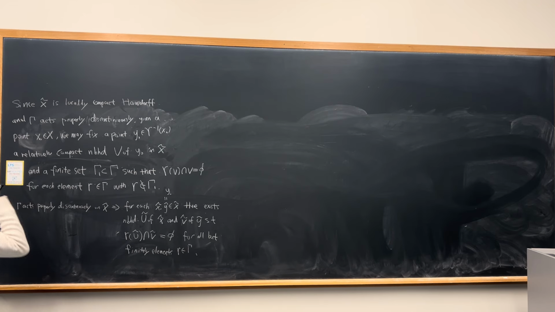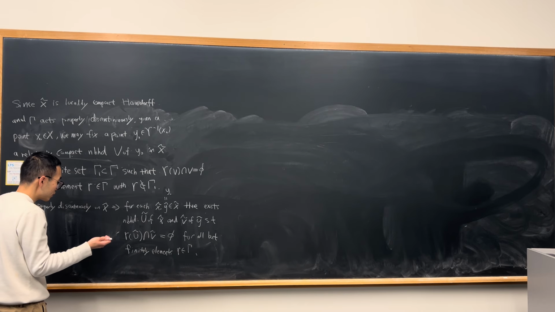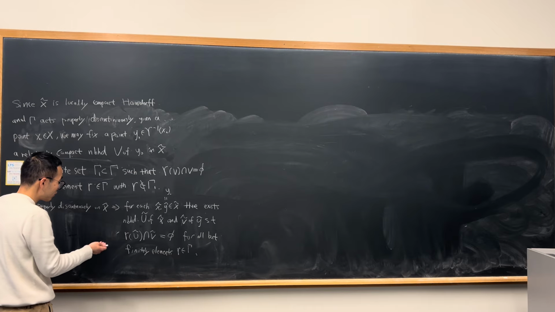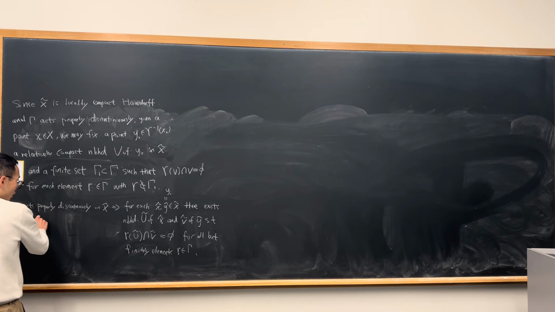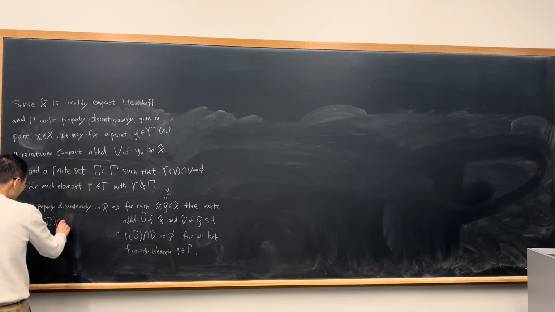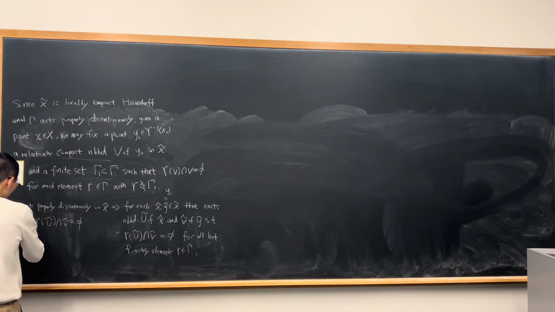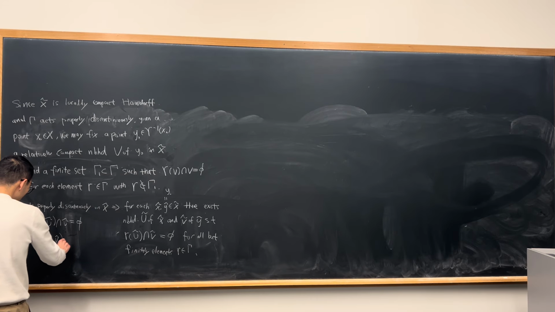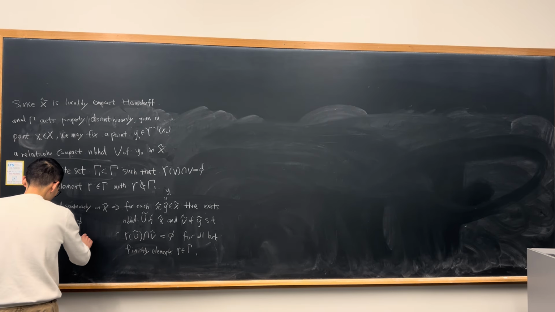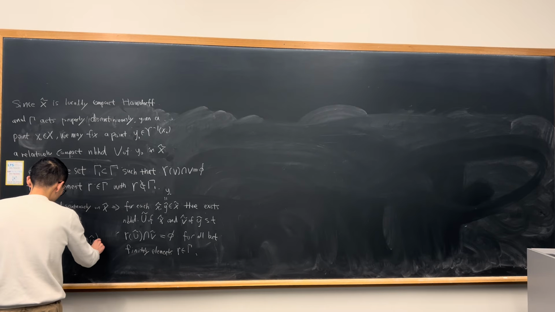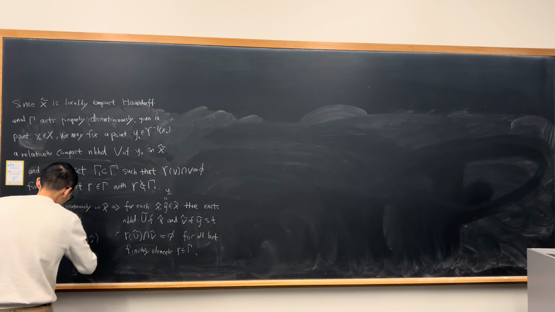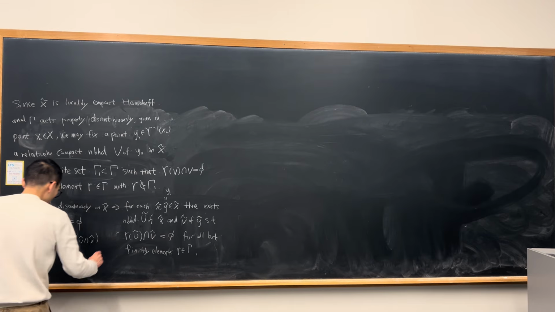So let's say this. If r of u intersect v is empty, then you have that r of u tilde intersect v tilde, intersected with u tilde intersect v tilde, must be empty, right?